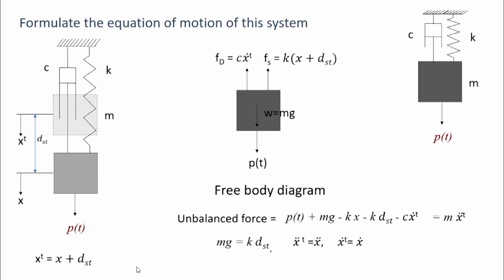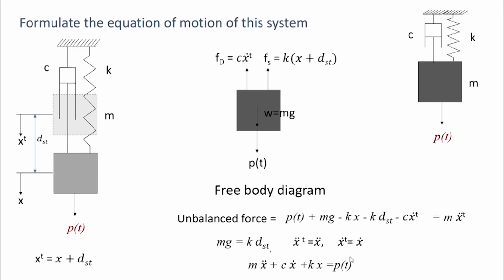And also we have x dot t equal to x dot. So we can rewrite this equation like this: m x double dot plus c x dot plus kx is equal to Pt. So mg and minus k dst cancel out and we have this equation of motion.